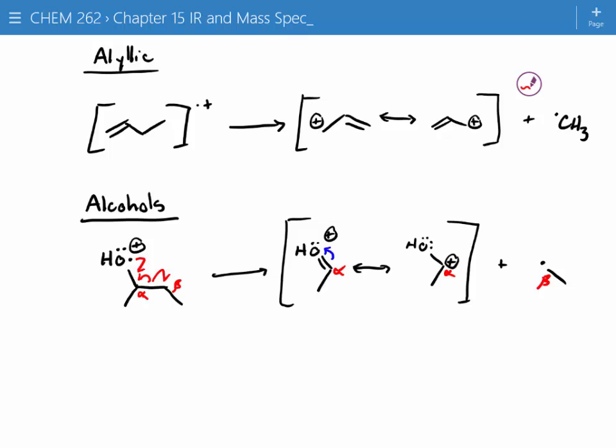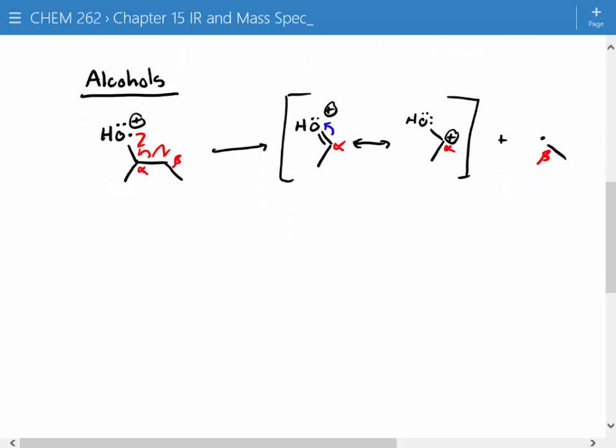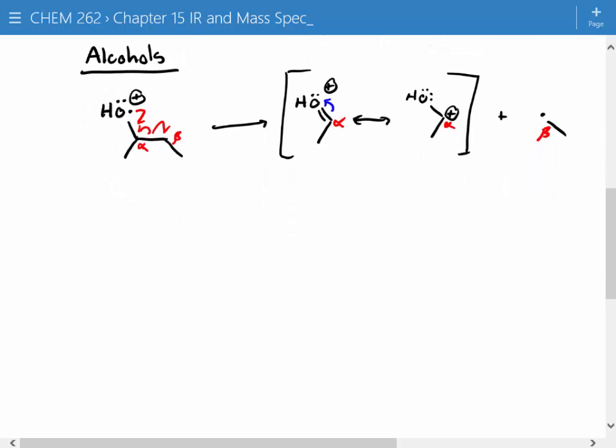Oftentimes, alcohols undergo further degradation. We'll cover that next. But oftentimes, alcohols, when you observe them in mass spec, have really strong peaks because when you pop off some sort of radical off of it, you've got a really nice stable cation that's stabilized through resonance. The same thing can be said for amines.